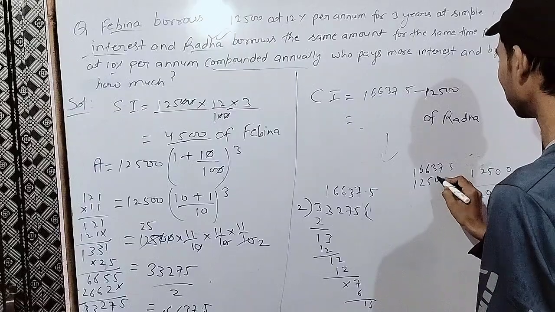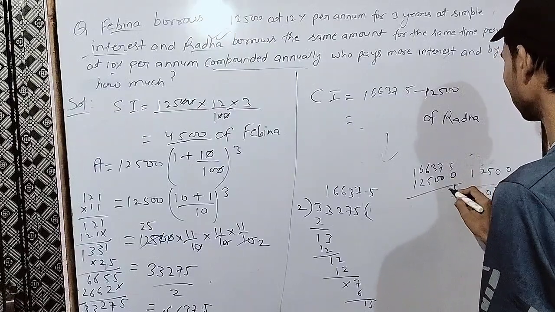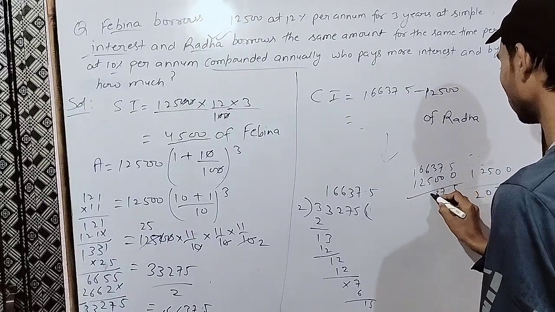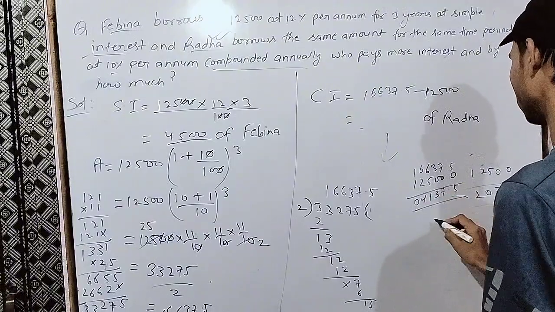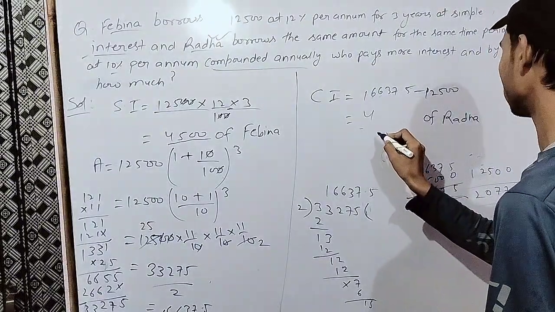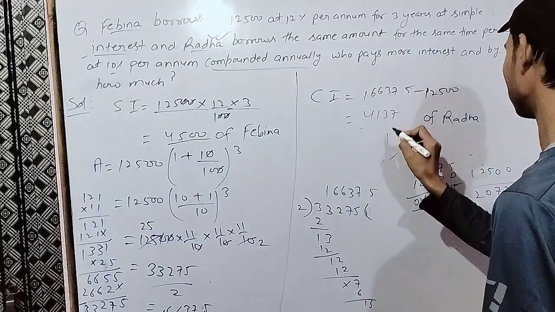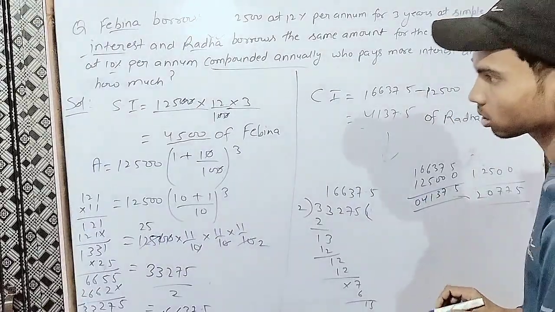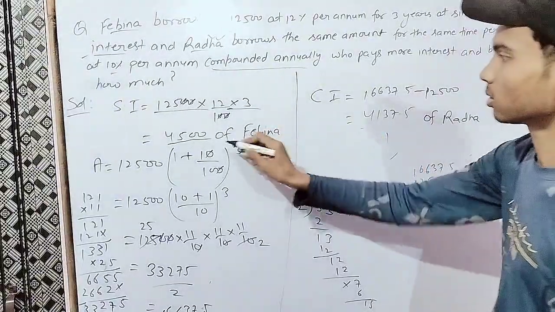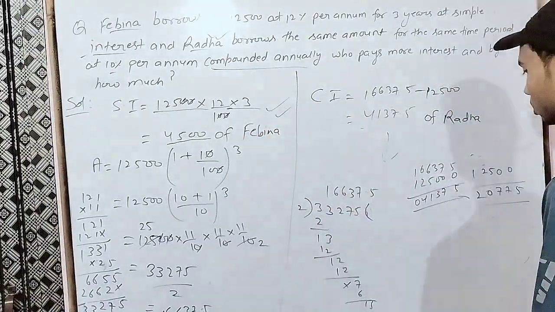1, 2, 5, 0, 5, 7, 3, 1, 4, 0. So 400,137.5. So who paid more? This Pamela paid more.